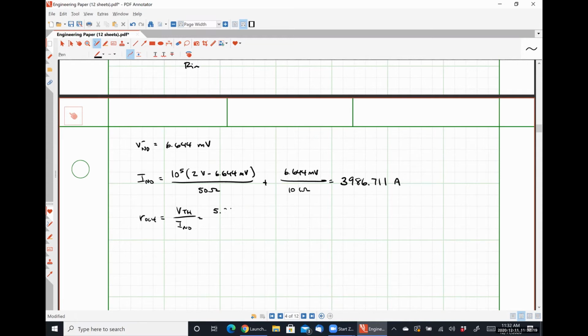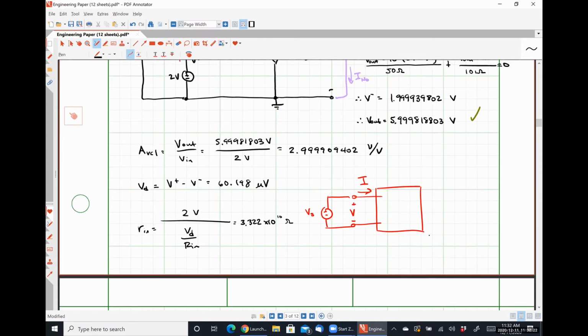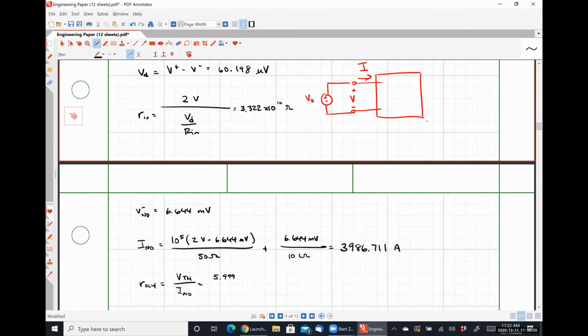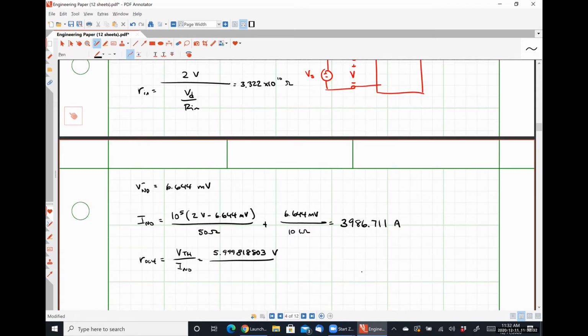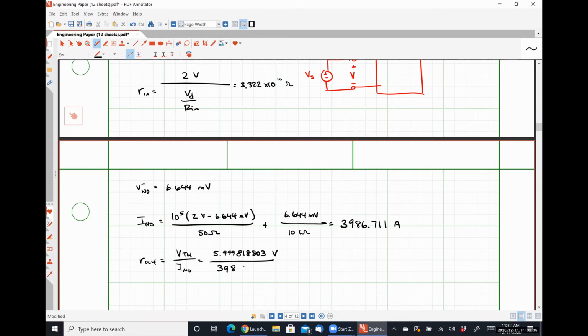So that's 5.999818803 volts divided by 3986.711 amps, which is 1.505 milliohms.